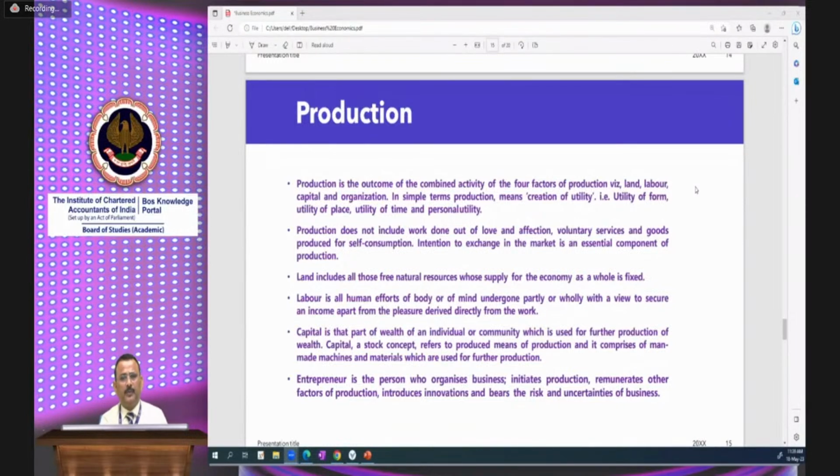Then there is the production function, that is the relationship between labor and capital. Then I talked about the short run and the long run production function, where one factor is variable, and where both the factors are variable.